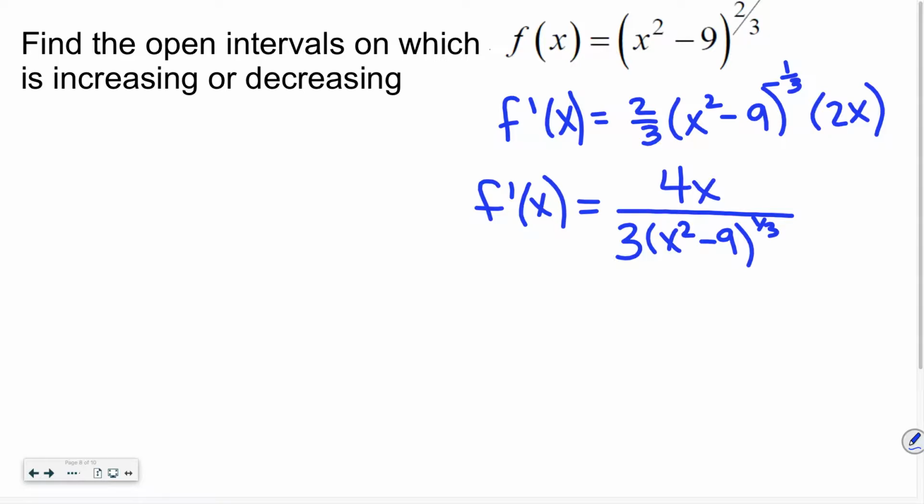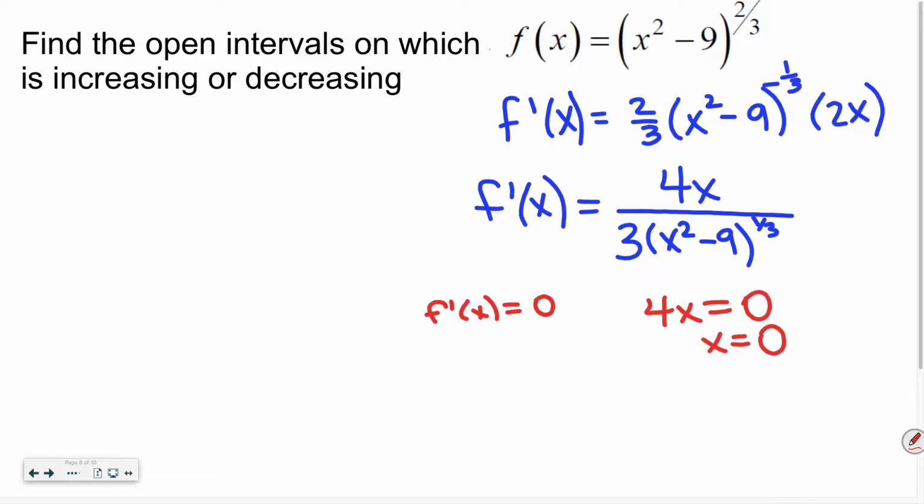Okay, so if we're going to find critical points, we need to know where this is 0 and undefined. When we have a fraction, essentially we set numerator equal to 0, denominator equal to 0. So if I want our derivative to equal 0, then we set our numerator equal to 0. So 0 is a critical point.